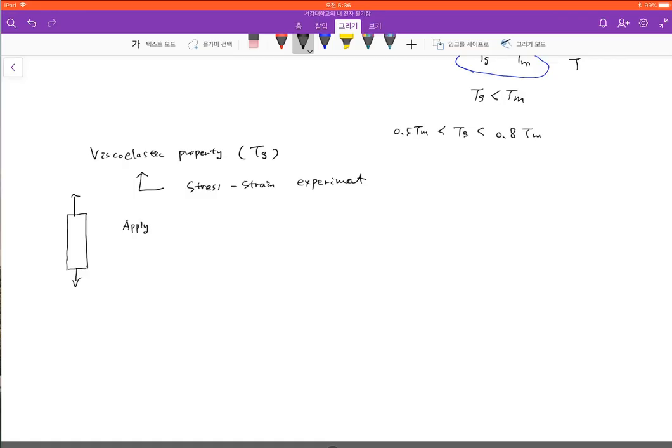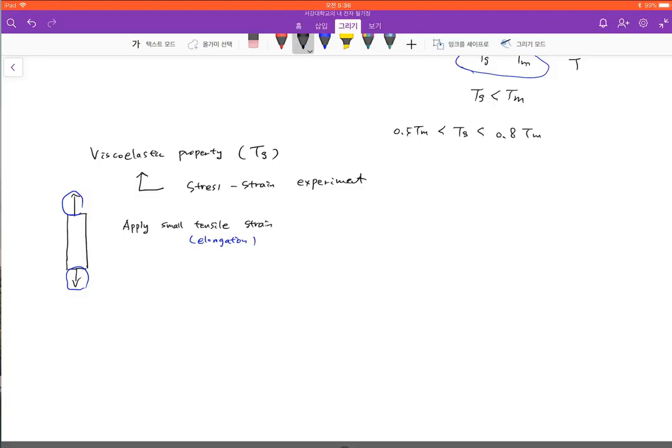Let's say that we apply small tensile strain in this direction. So here tensile means basically elongation. You just hold the sample and you just stretch it.